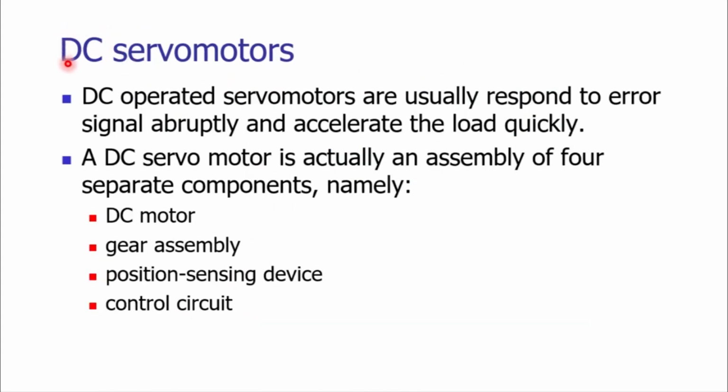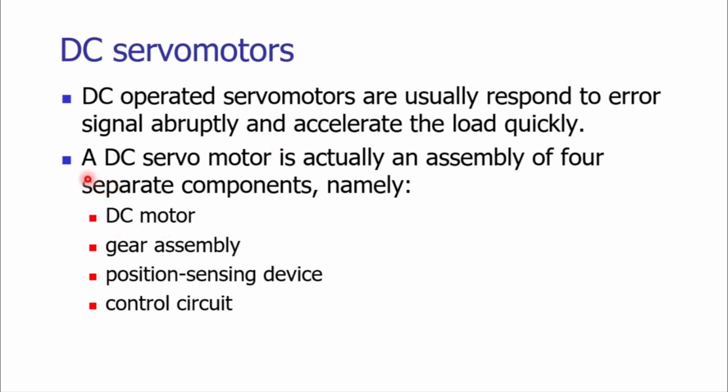The first variant of servo motor is the DC servo motor. In DC servo motors, we are using a simple DC motor and a position sensing device. The DC operated servo motors respond very fast to the signal and are able to accelerate the load quite quickly.